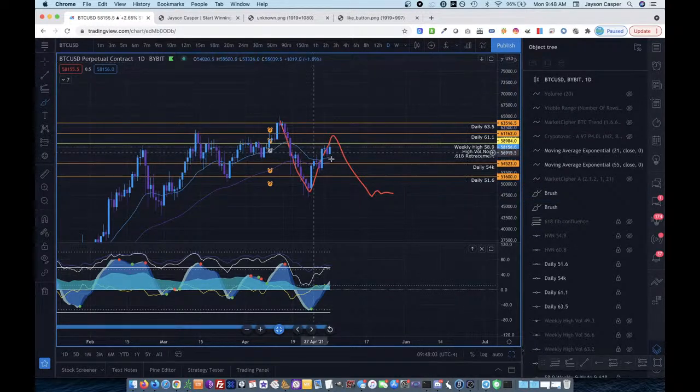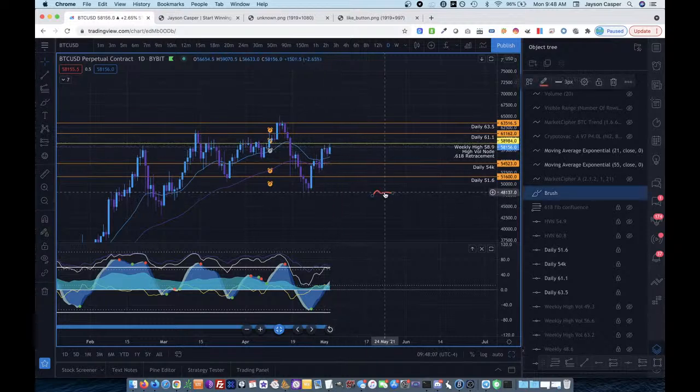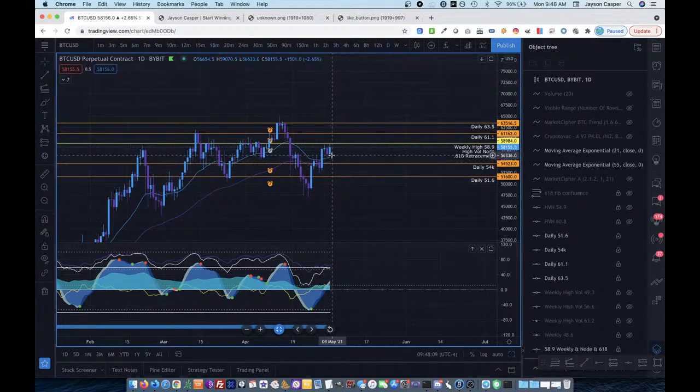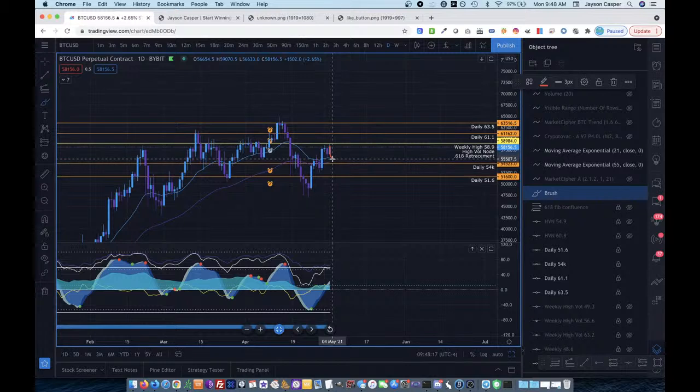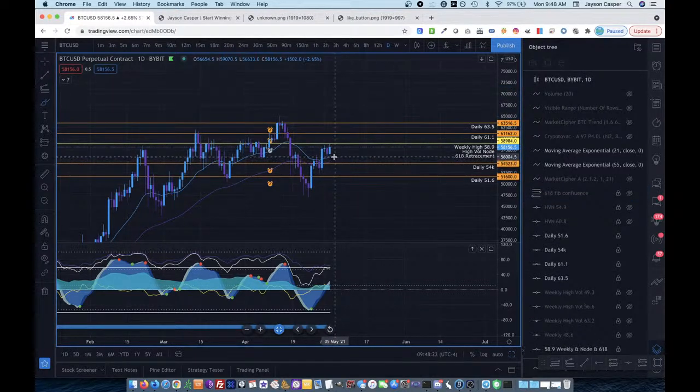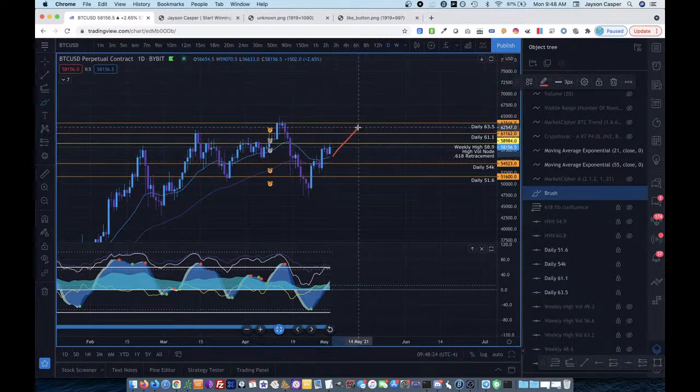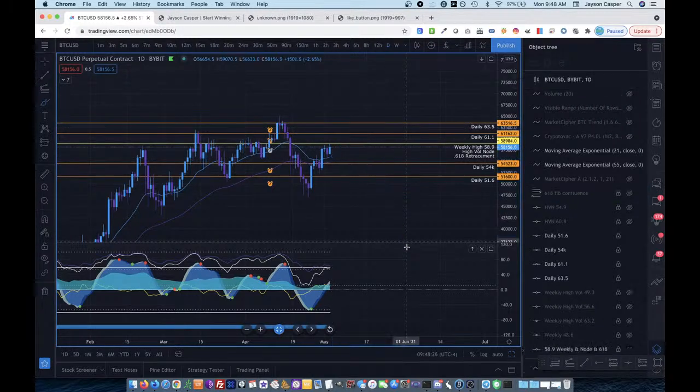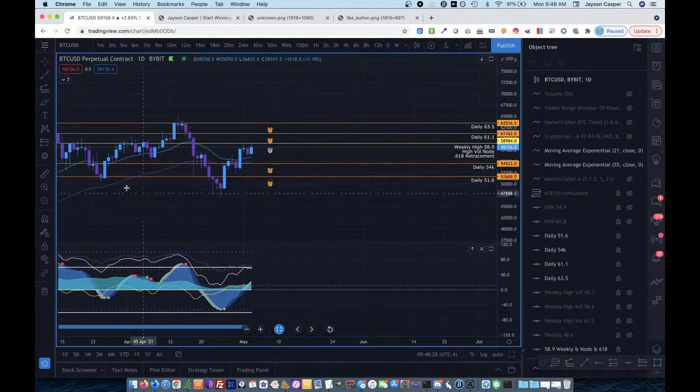So we shall see whether this rejection is going to take us down to those levels, or if we just come down a little bit and then come back up. Like if we come down and bounce off the 21 EMA on the daily and then continue up a little before coming down, we'll just have to play it by ear.